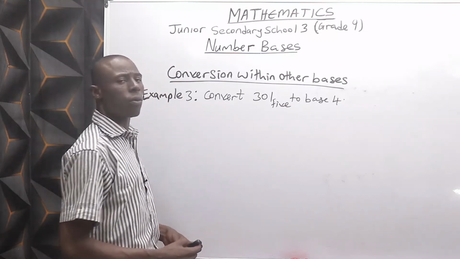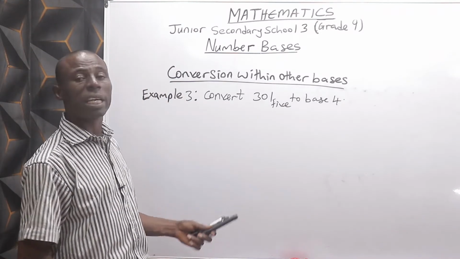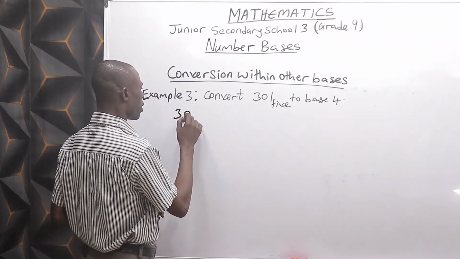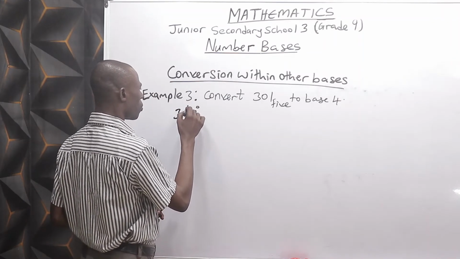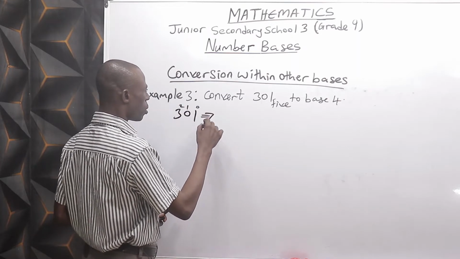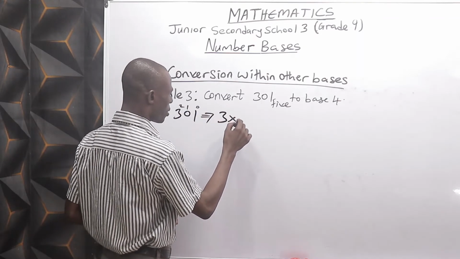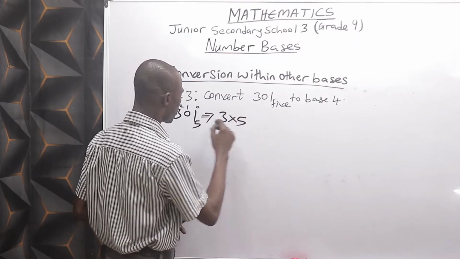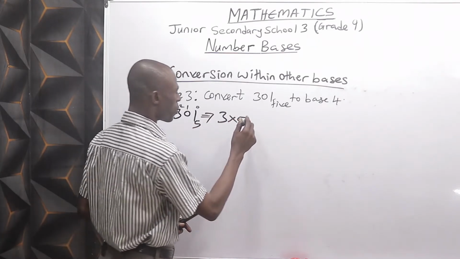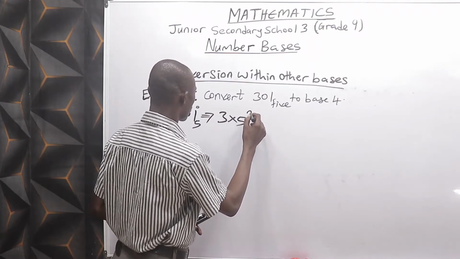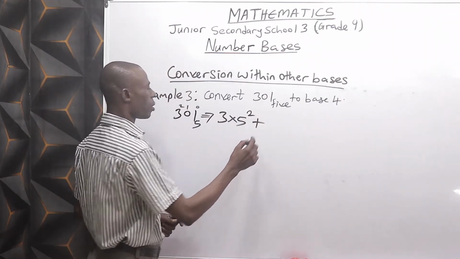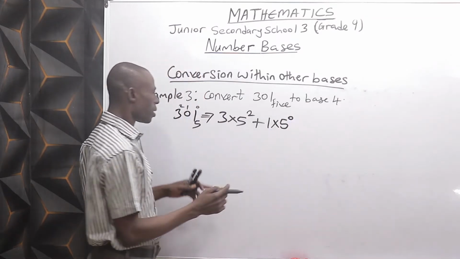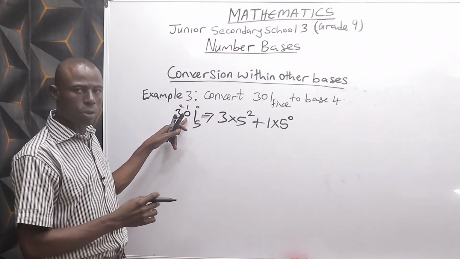Convert 301 base 5 to base 4. So we have 301, 0, 1, 2. 3 times 5, 5 is the base. 3 times 5 raised to power 2 plus 1 times 5 raised to power 0. You can see that I skipped the 0 at the middle.